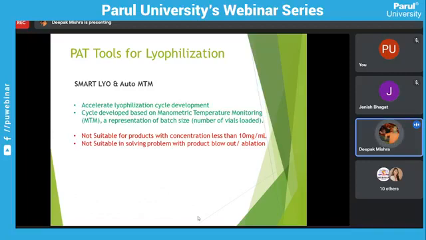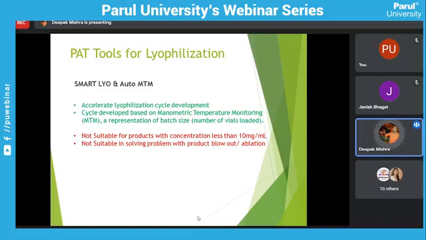With Smart Lyo, we can reduce our lab work on the basis of the Smart Lyo cycle. First of all, we know our drug product collapse temperature, which we can determine by DSC and FDM, and we also know the glass transition temperature. If I'm using any vial, I know the thickness of the vial and the drug concentration of the solution. These are the basic parameters.